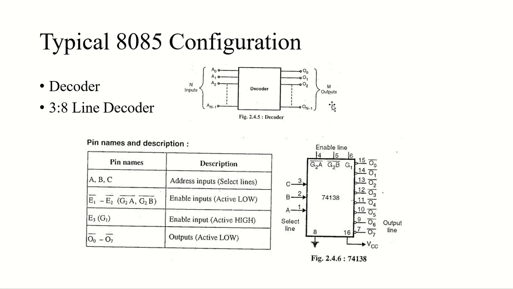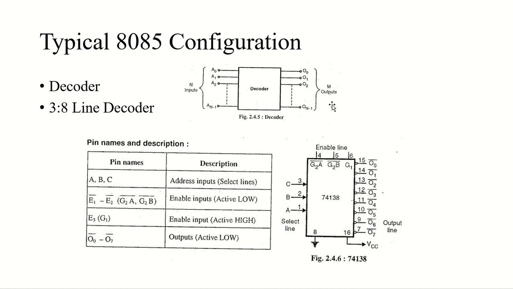Because you have to set up the combinations, so m should be less than or equal to 2 raised to n, because possible codes are there, and one of the m lines will be activated depending upon the combination of codes, and then other lines will be deactivated. And active logic can be low or high, depending upon the chip.